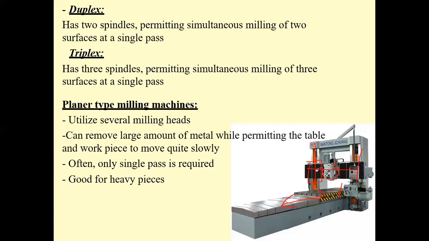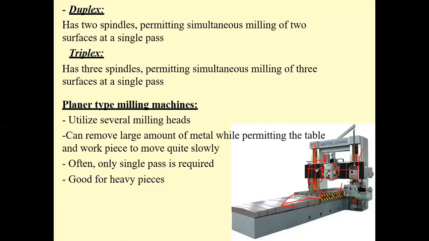Previously, in the shaping and planing machines, you used a single point cutting tool and there was no motion in the cutting tool. But in this planer type milling machine, each spindle head carries a motor so that it can give the primary motion to the cutter. The cutters are revolving, rotating about their axis.